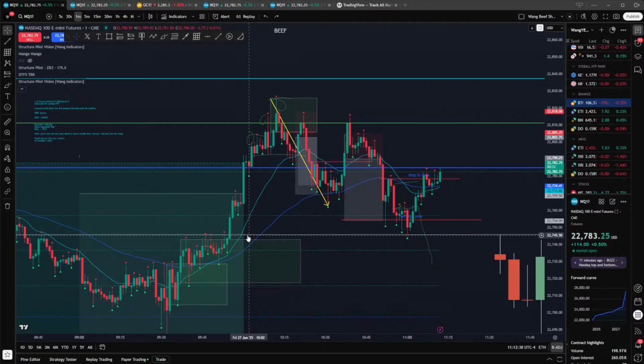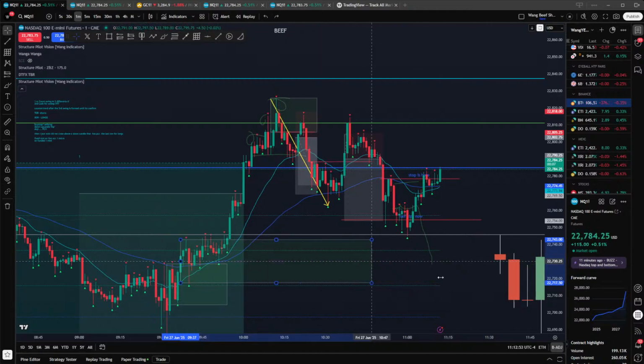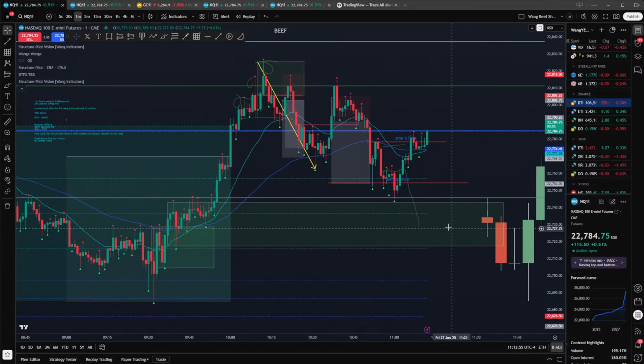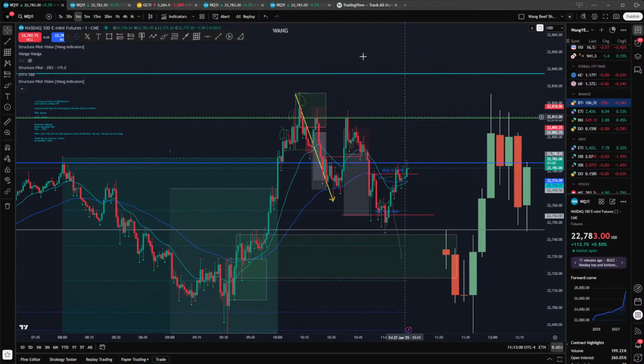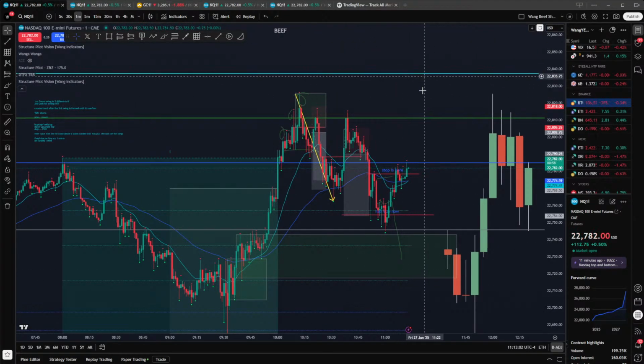Would I be interested in longing this? I would love for price to give me another low to end up in this, and then I'd be looking for longs. But you see what happened here from that zone. This is the 70, this is the 50.